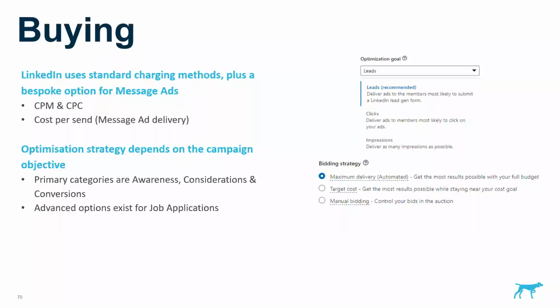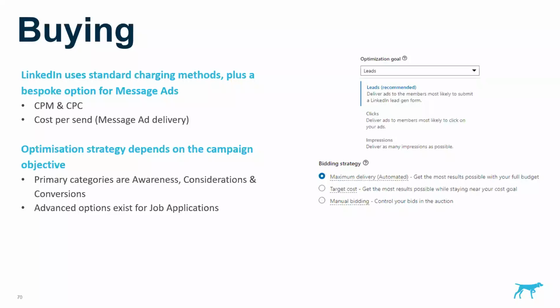In terms of the difference here, a lot of that is to do with the pace at which it will spend and how much it's willing to test different optimization options. Generally speaking, maximum delivery is the best option, but target cost can be better if you already understand what your return is likely to be on the platform.